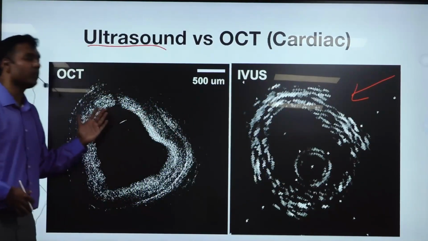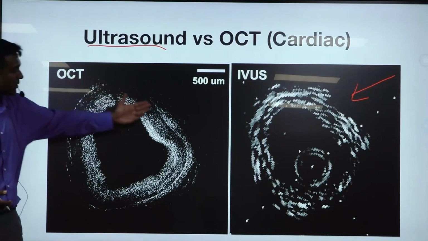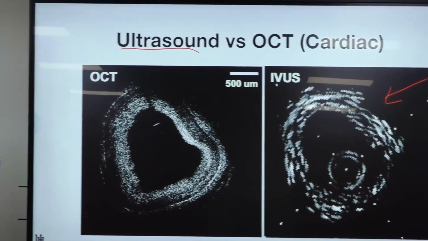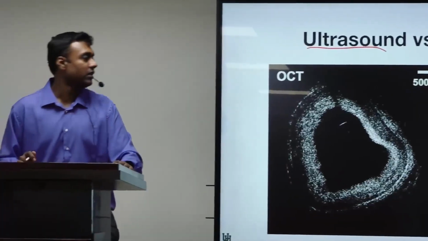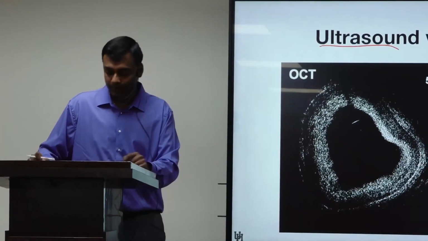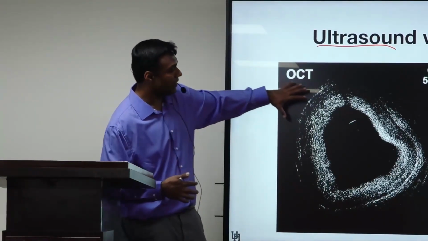Compared to that, you can do the same thing with OCT endoscopes and get much higher resolution images of the artery, for example. This is a very good way of figuring out what the problem is inside the heart and so on.